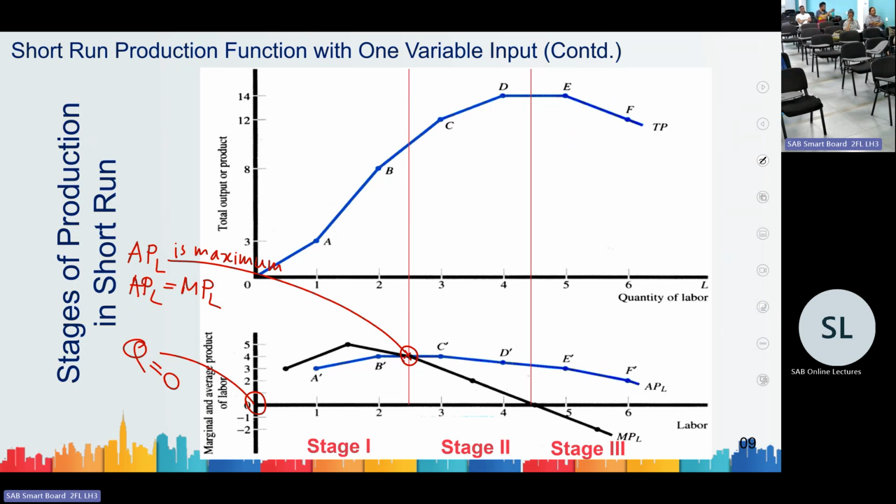Stage 2 ends at the point where MPL is 0.